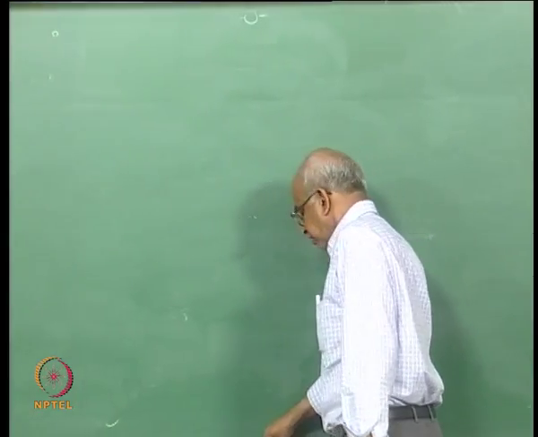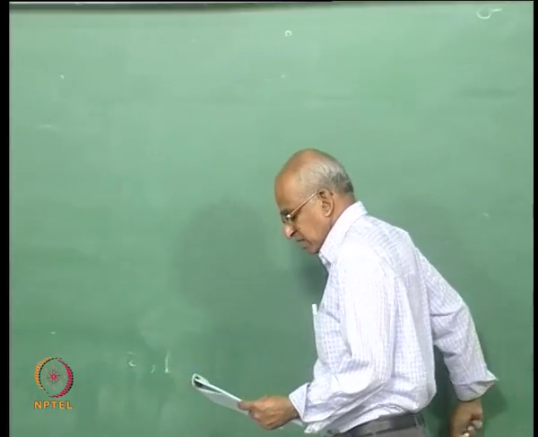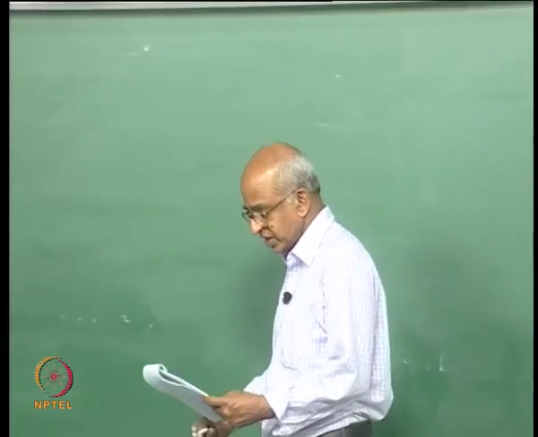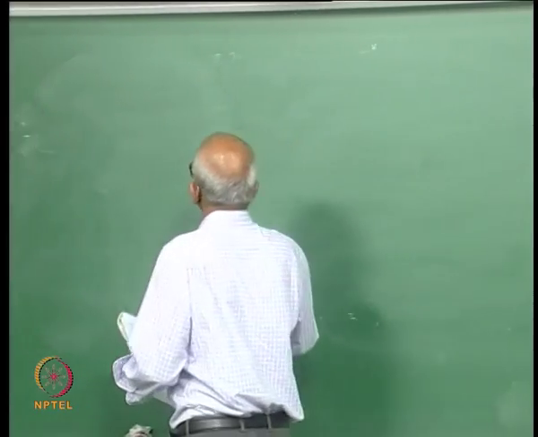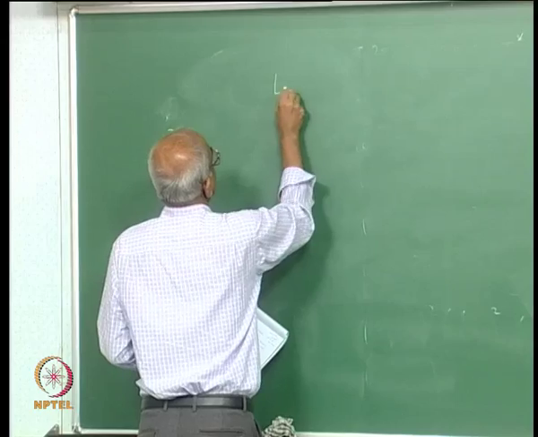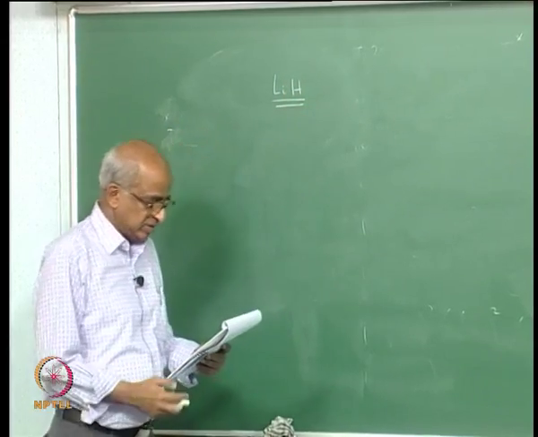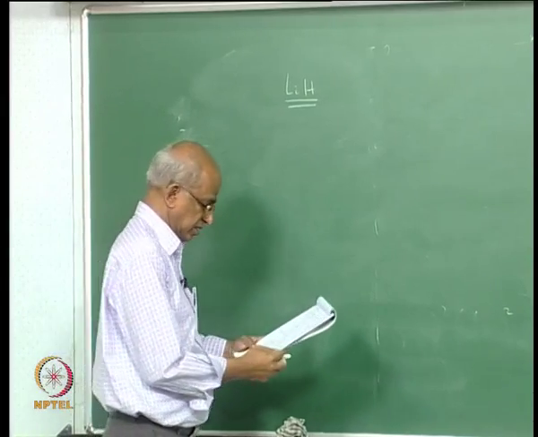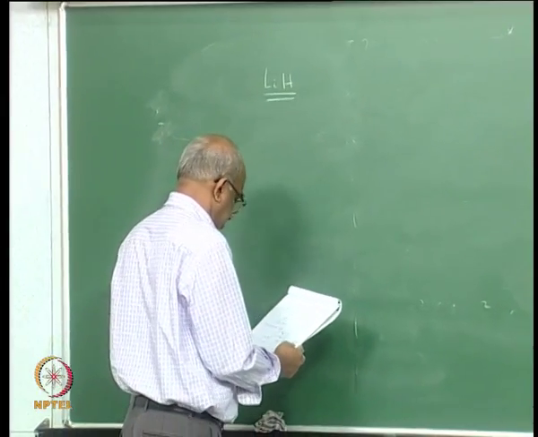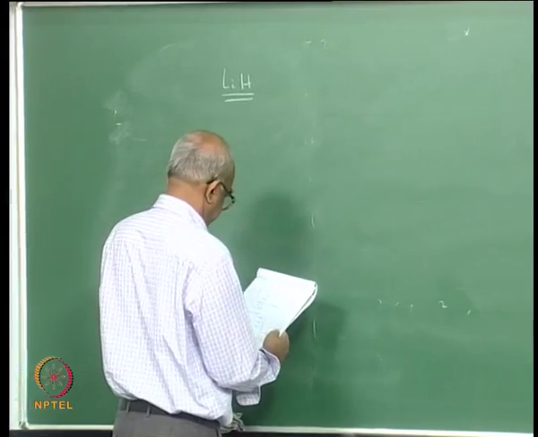Let us now think of a simple heteronuclear diatomic, and this is the only example that I shall discuss. The molecule that I have chosen is LiH. In the case of LiH, what happens?